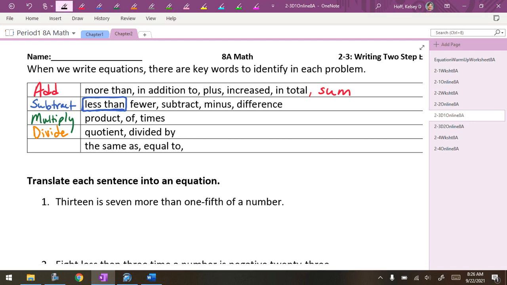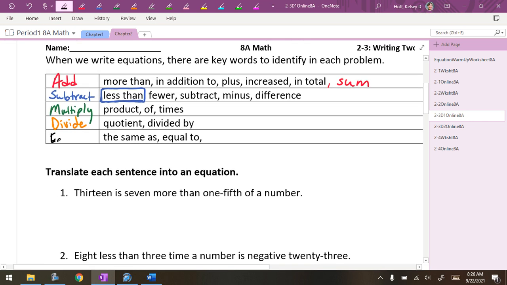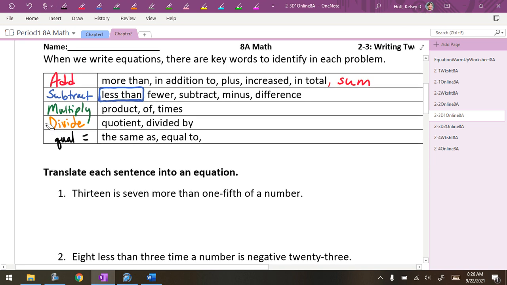Words like the same as or equal to indicate an equal sign. We're going to add one here: the word is. The word is also means equals.